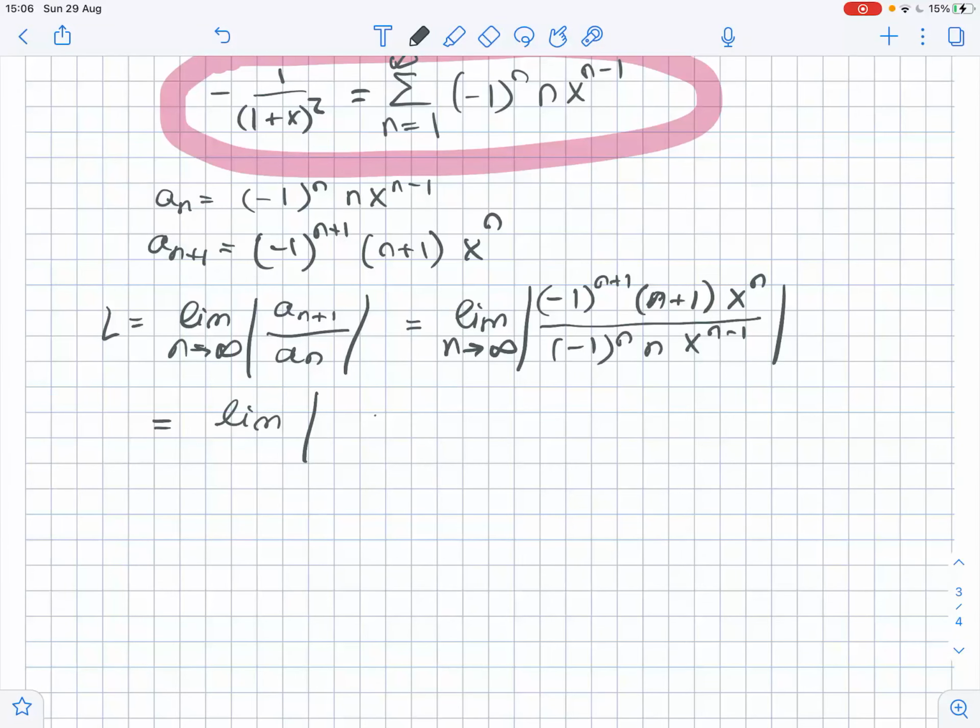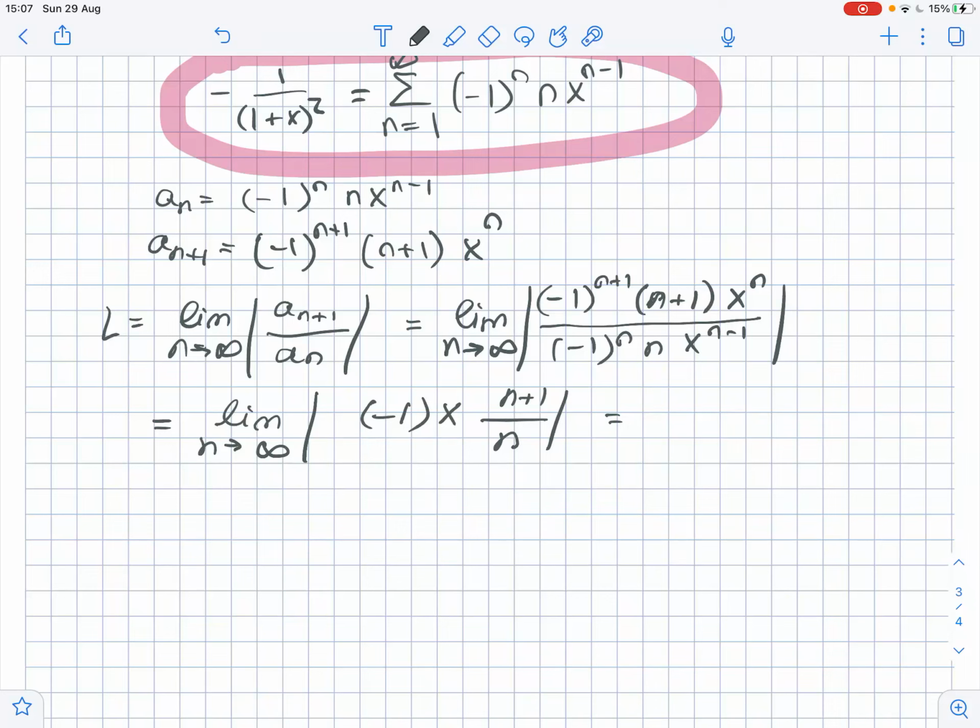Then this equals the limit of the absolute value of negative 1 times x times n plus 1 over n, where n approaches infinity.